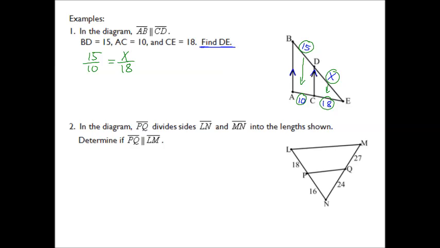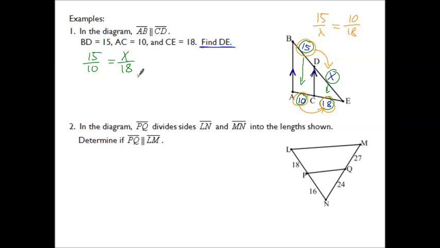We could have set up our proportion a number of different ways. For example, we could also have related 15 to X, and that would have had to be equal to 10 to 18. We can do a couple of different things, but we always have to follow the same logic as we set up our proportion. We chose to use 15 over 10 is equal to X over 18.